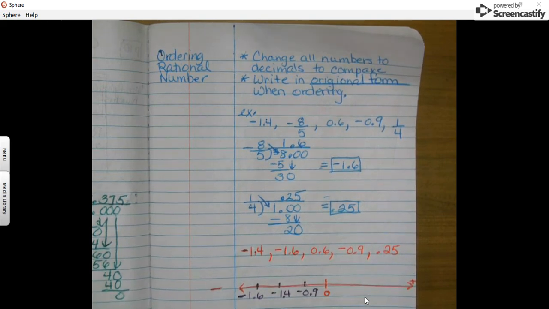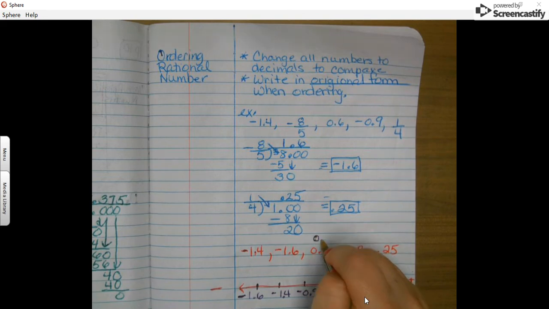So now let's go to the positive numbers. On the positive side of the number line, the further away they get from 0, do they get bigger or smaller? Bigger, they're worth more. So which one's going to go closer to the 0? The 0.6? Hold on, think about it. Why do we use zeros as placeholders in math? What are they worth? Exactly. So let's take that 0.6 and throw a 0 on the end.